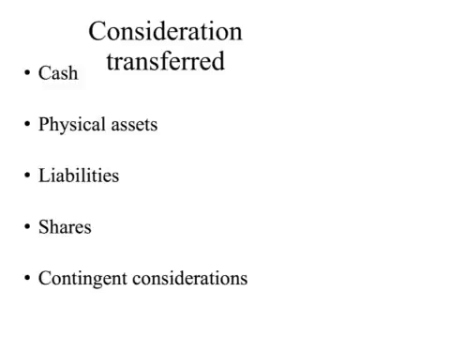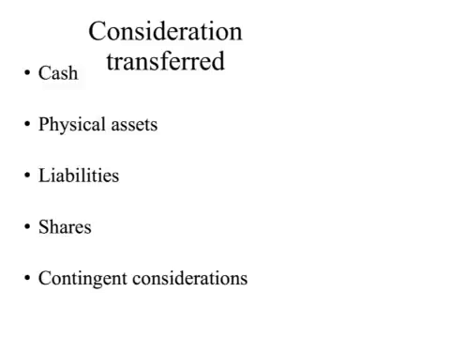It can be a cash payment, it can be physical assets that are transferred to the company that's being acquired, it can be as a result of liabilities that are raised. It can also involve shares that are issued by the acquiring company, and there can also be a component of contingent considerations.